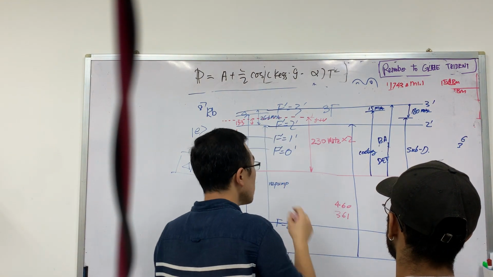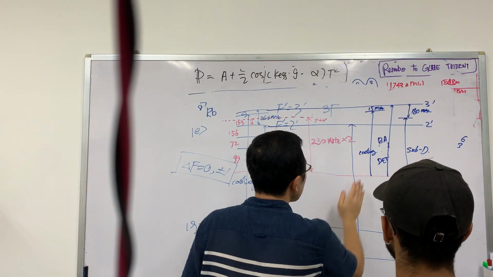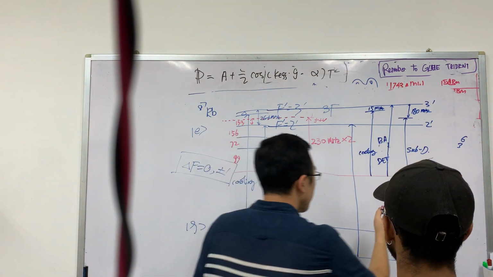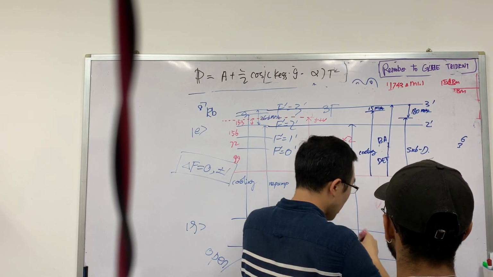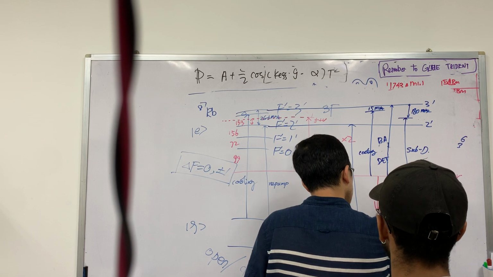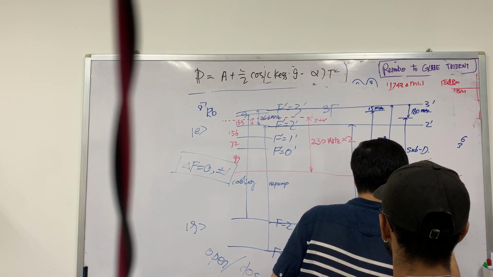Yes, let's first talk about the Raman. Okay, let's start from Raman, that is easier. This is a repump, we remember this is a repump. And for Raman, we want to shift the laser down to give us Raman.